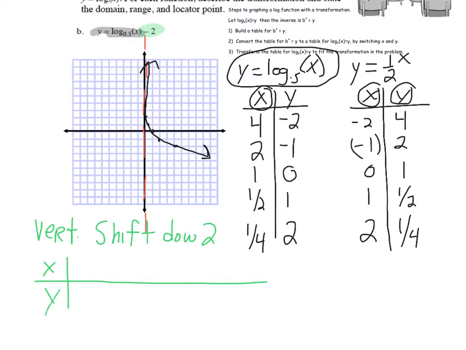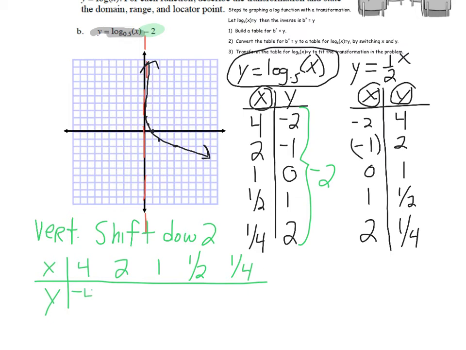X and y. X values stay the same. 4, 2, 1, 1/2, 1/4. And my y values have to go down 2. So I'm going to take each one of these, and I'm going to minus 2.